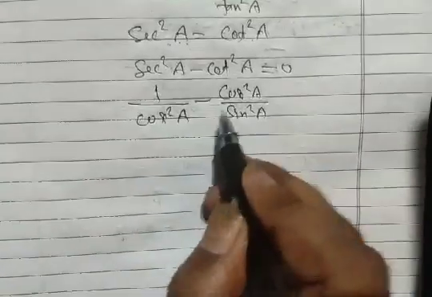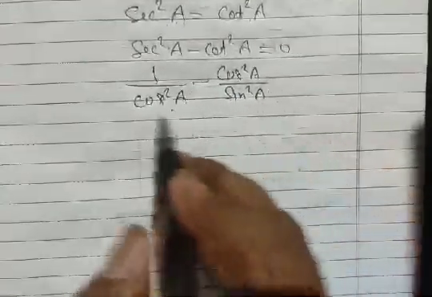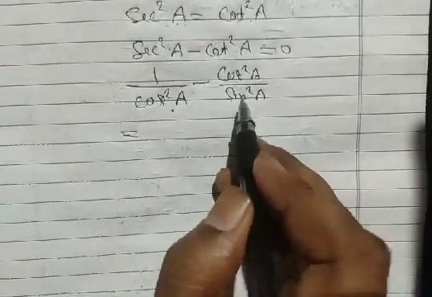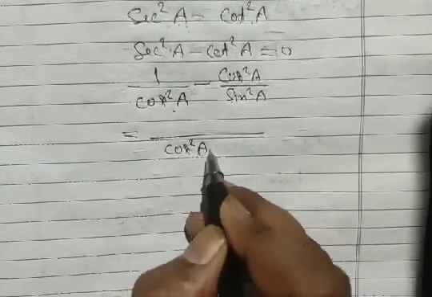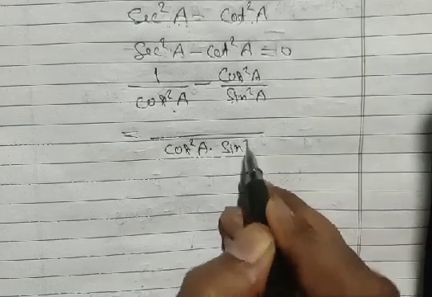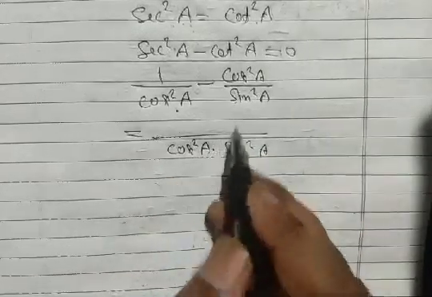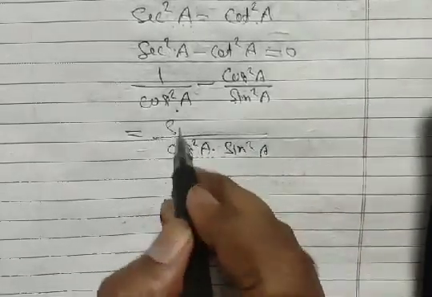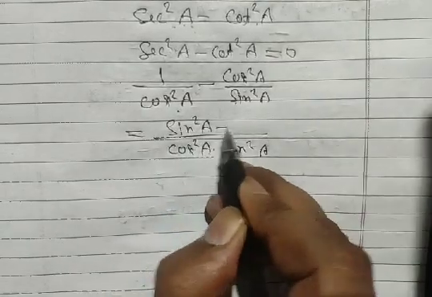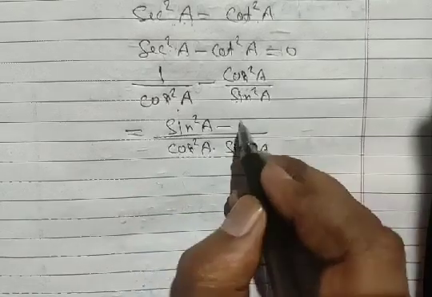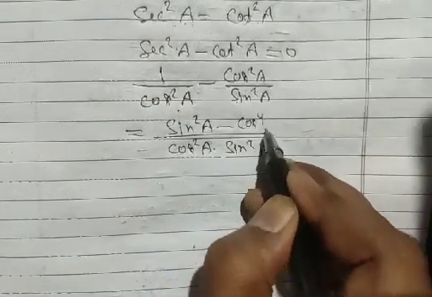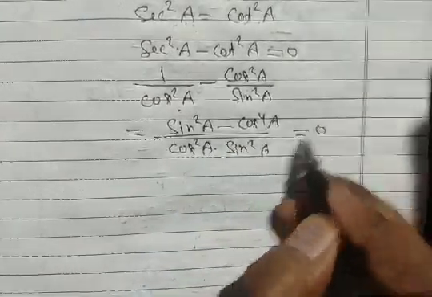Then we take the LCM, which is cos square a into sin square a. Then here we have sin square a minus cos square a into cos square a, so we have sin square a minus cos to the power 4 a, upon cos square a sin square a, equal to 0 there.